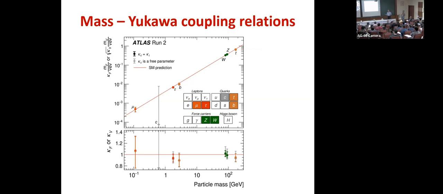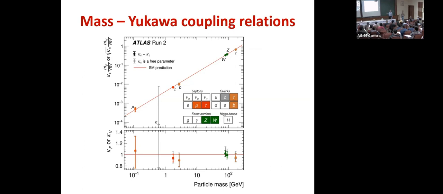They're independent. But the fact that muon, tau, b, and t all lie along the same line gives us confidence that our mechanism for mass production is true, that the mass is given to all the fermions by coupling with the Higgs.